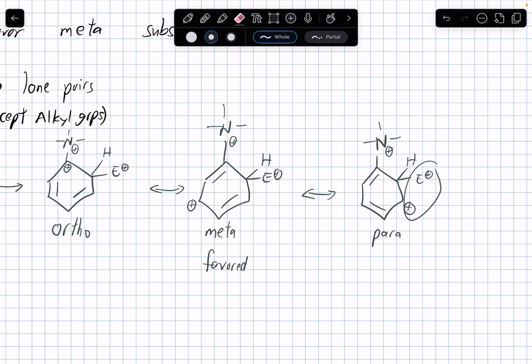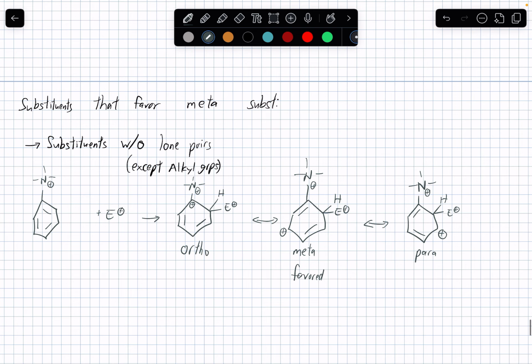So yeah, positive charges become close to each other. Again, substituents without lone pairs favor the meta substitution.